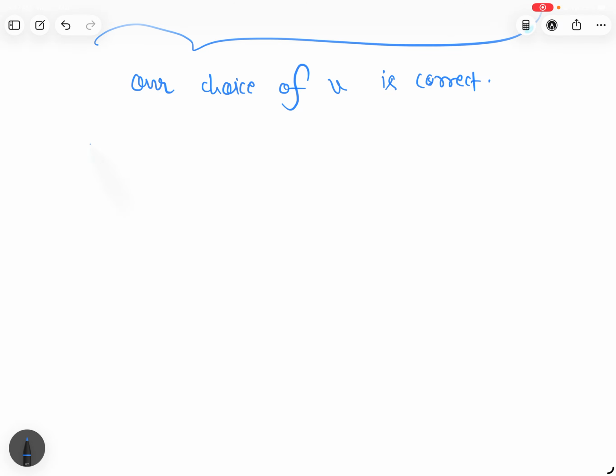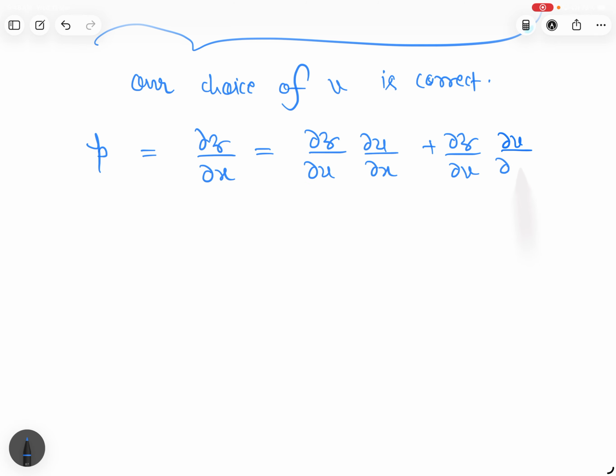So now what is p here? Del z upon del x. You write its formula. Del u upon del x value is 1, partial derivative of u.